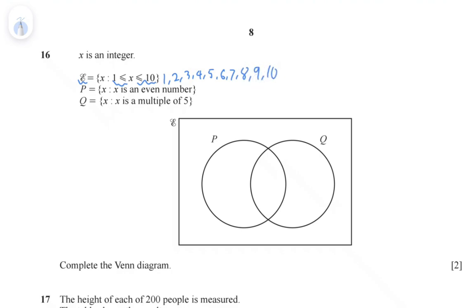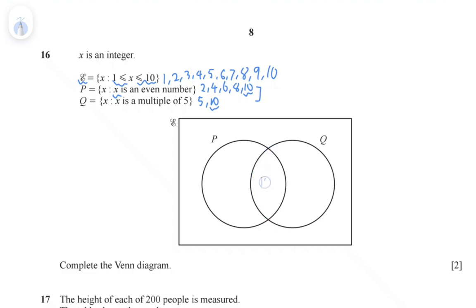Looking at set P, where x is an even number, we know that it is 2, 4, 6, 8, and 10. And set Q, where x is a multiple of 5, we have 5 and 10. Looking at set P and Q, we can see that 10 is shared, and thus it will go into the intersection, showing that it is part of P and also part of Q.